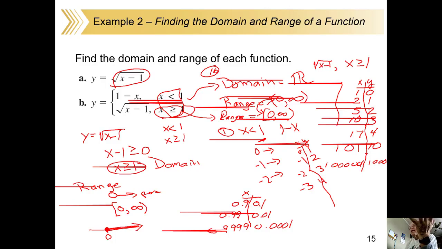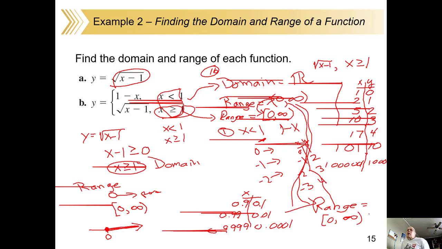When we throw them into the bucket together, I end up with that 0 that I got from the second one, and there is no upper limit. So there's the range for the function in B. I would ask you for a question, but you were just watching this on video.